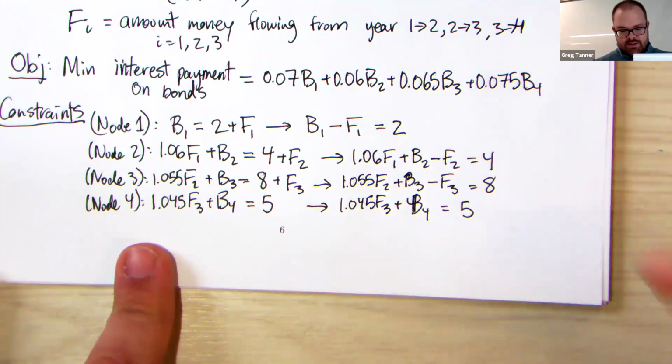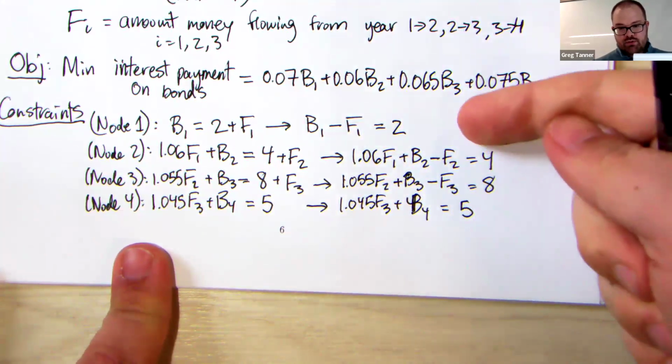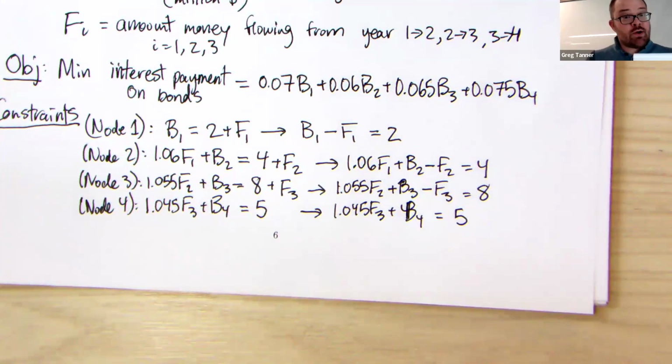One thing I'll point out that's maybe a little bit different than previous problems is that all these constraints are equality constraints. In the previous examples, we only had less than or equal to or greater than or equal to constraints, but we can also have equality constraints.